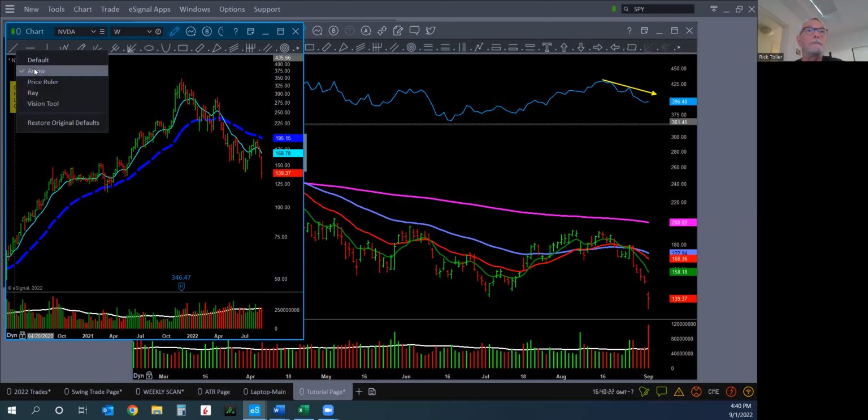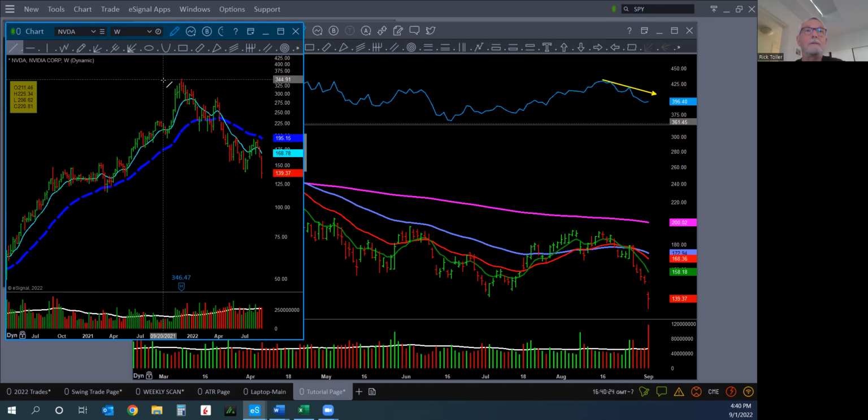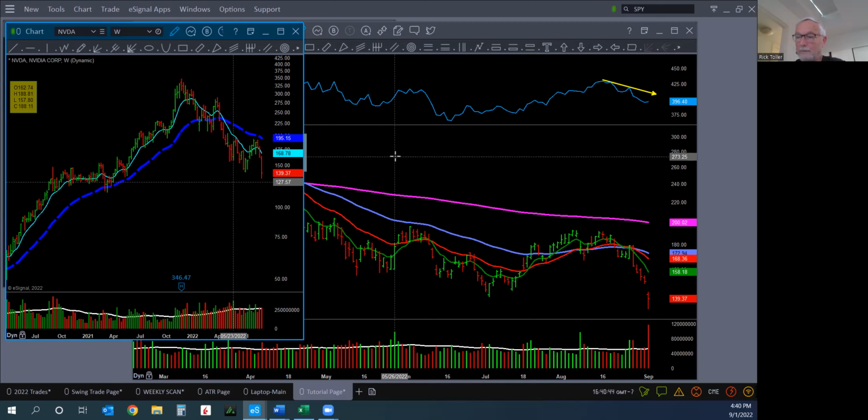Again, with a simple 8% stop loss rule, you'd have been out somewhere around 310 and saved yourself, what, $180 per share of stock deterioration. Anyway, that's enough said about that. But some of these big stocks are just as prone to the big dives.